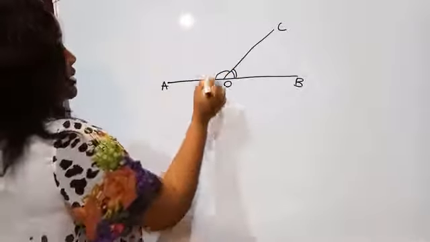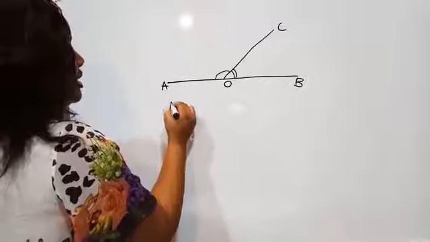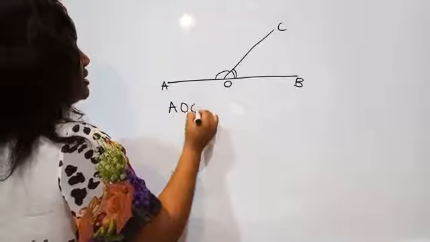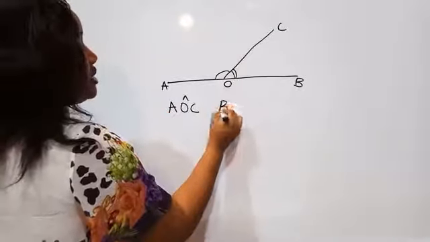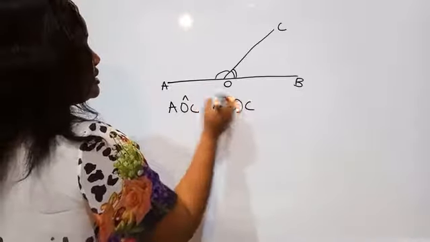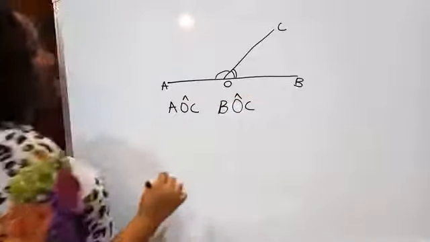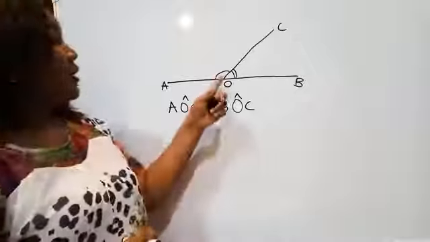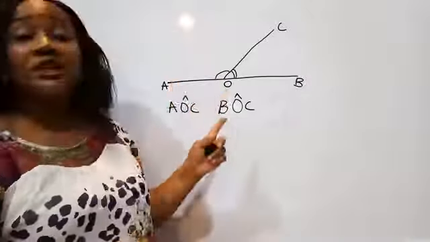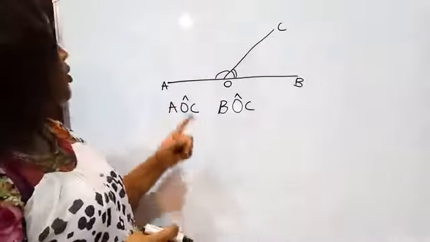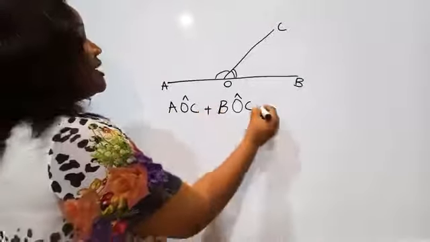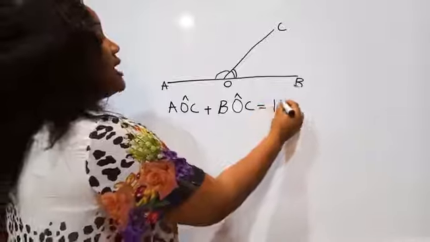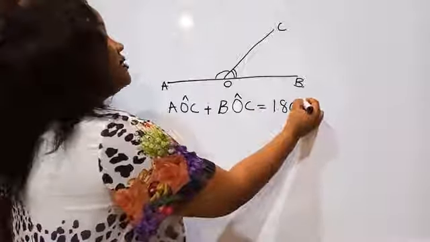This one is angle AOC, and this other part is angle BOC. Now you can see that, like we said earlier, angle on a straight line is 180 degrees. So angle AOC plus angle BOC gives us 180 degrees.